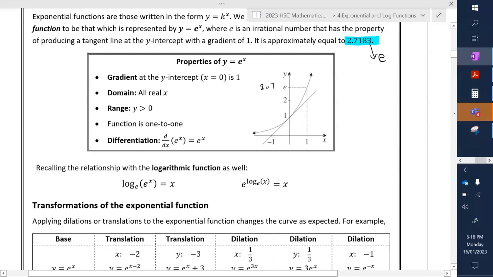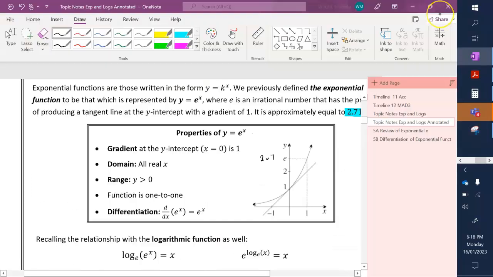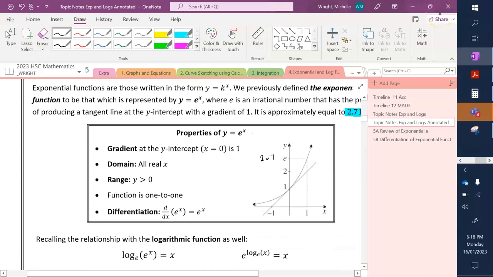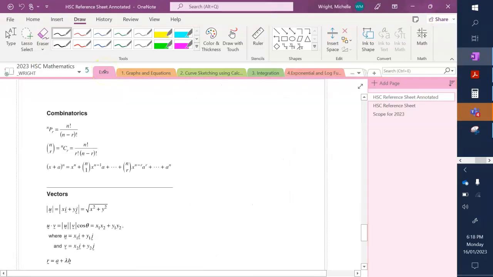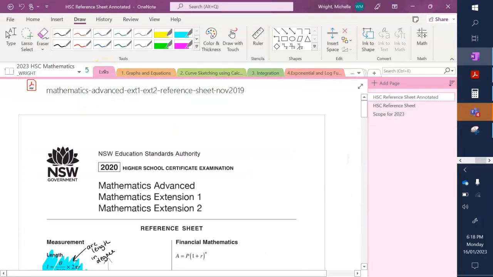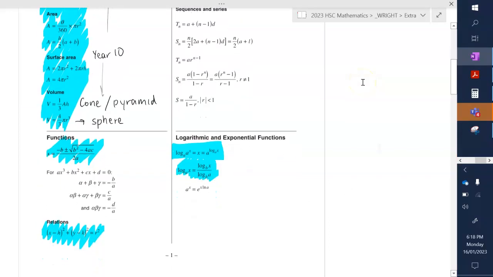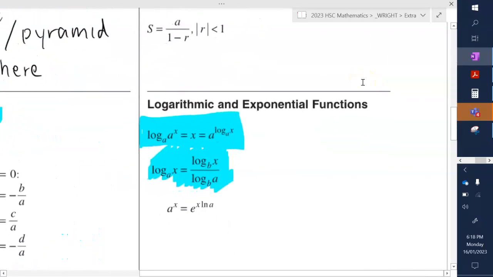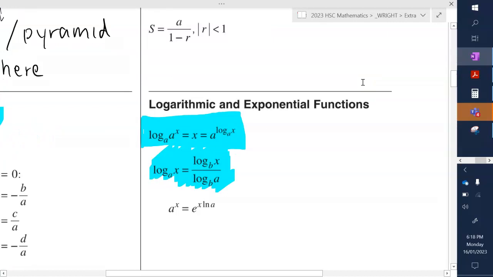We had these definitions as well. If we jump back to the HSC formula sheet, I'll do that now just to remind you of what was in it so that you know what you need to know. We are given that log base a of a to the x is equal to x, so that x basically comes down.